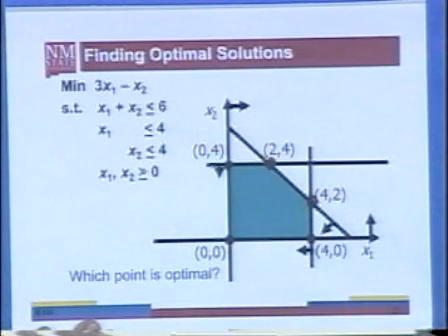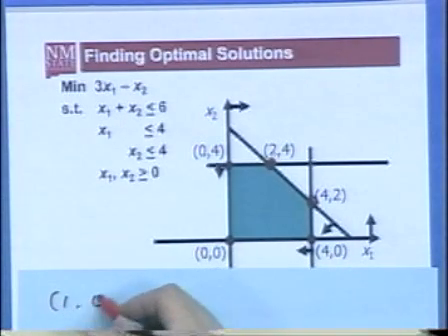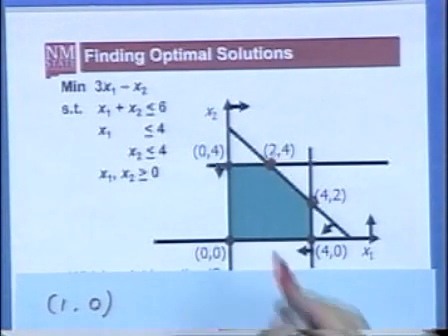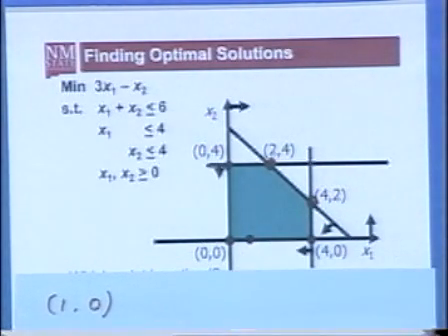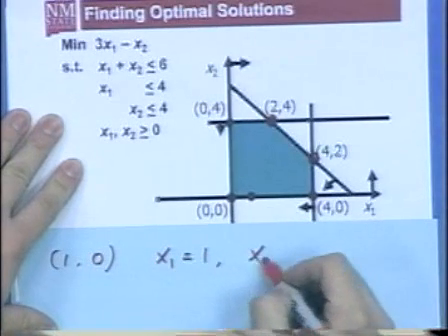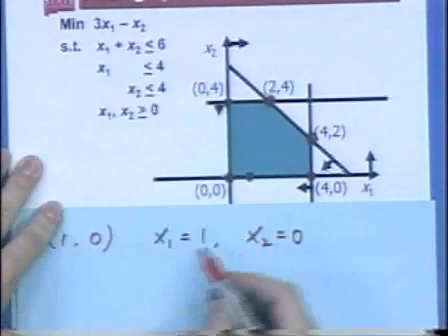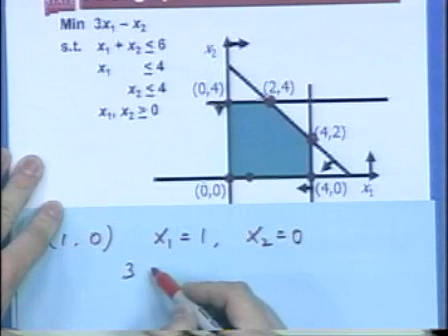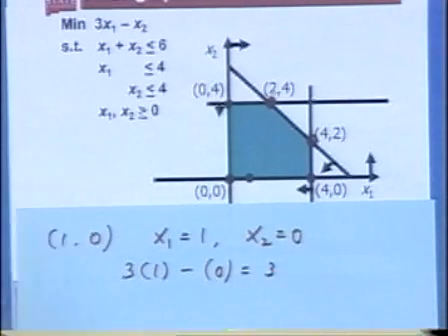And how about if I choose the point, let's say (1, 0), okay? Something like this, maybe (1, 0). So with this value, x1 equals 1 and x2 equals 0, our objective function value would be 3 times 1 minus 0, which becomes 3, right?